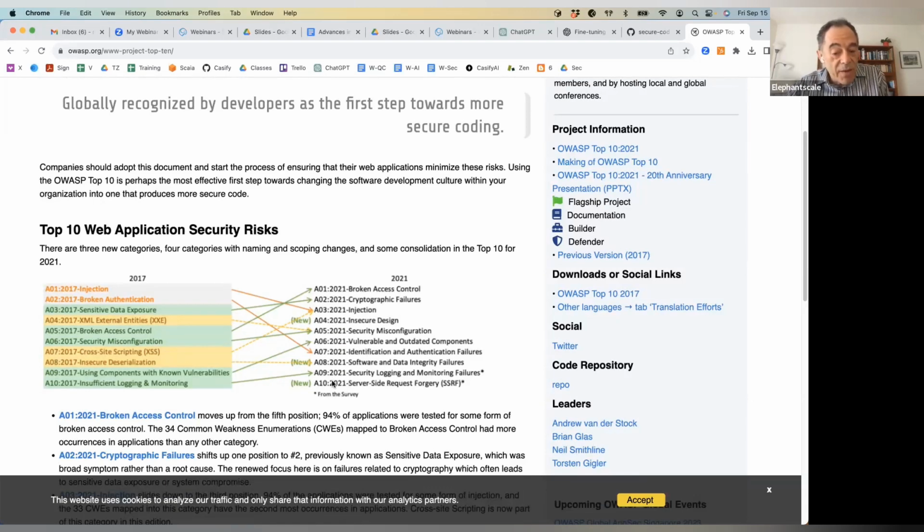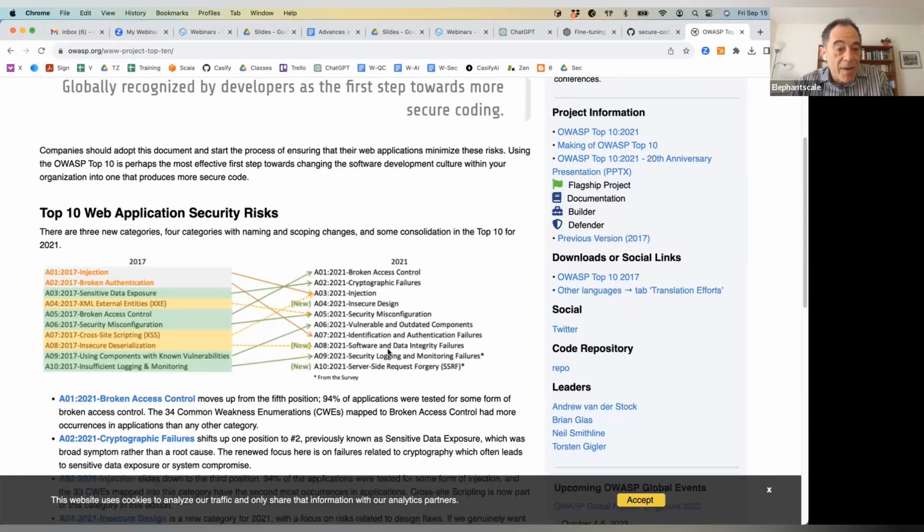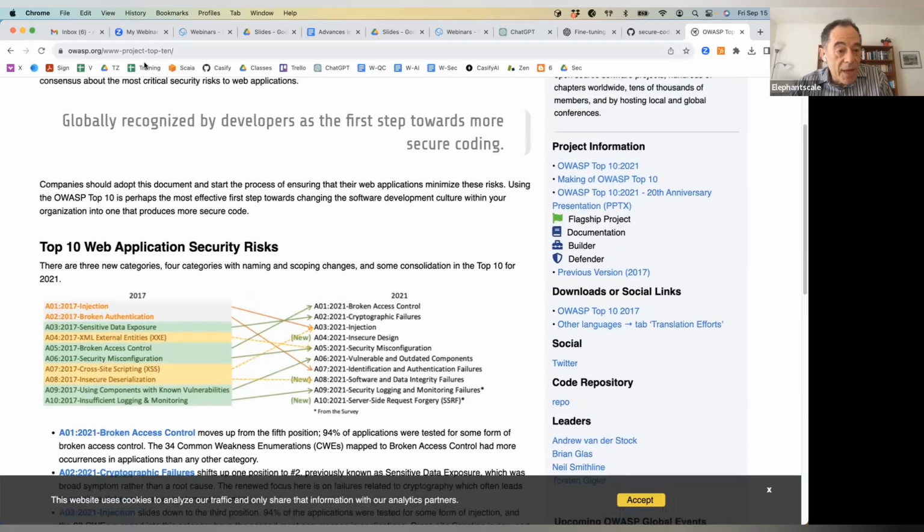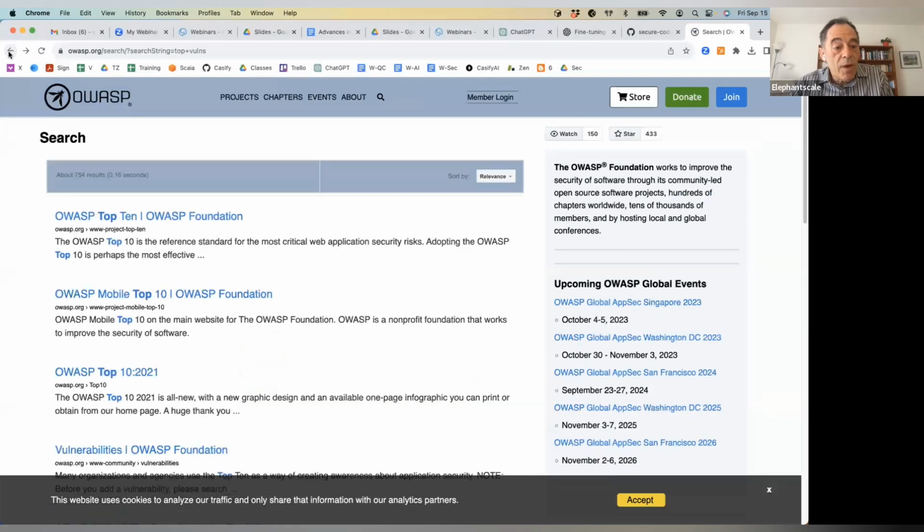Most of the vulns are not coming from the frameworks. The frameworks are probably good. It's your programming that makes the thing vulnerable. So that's number one, and therefore the OWASP, they give you the wonderful Gold Labs.